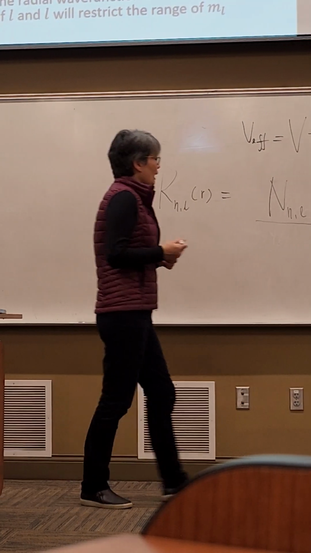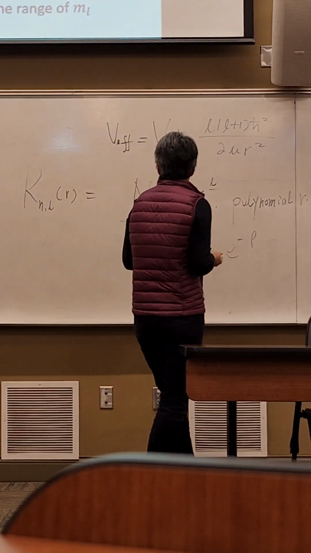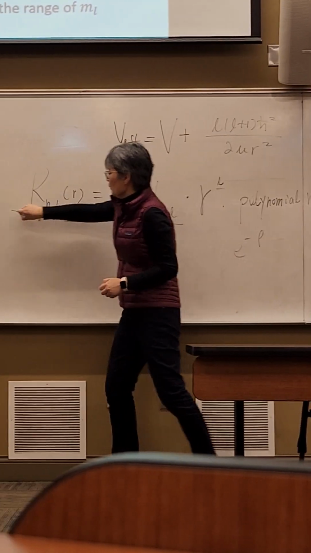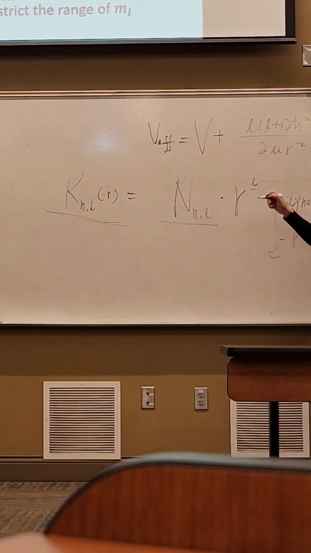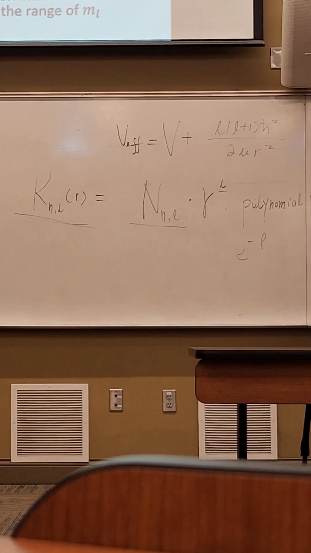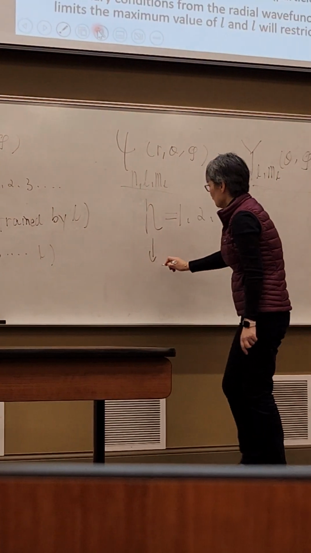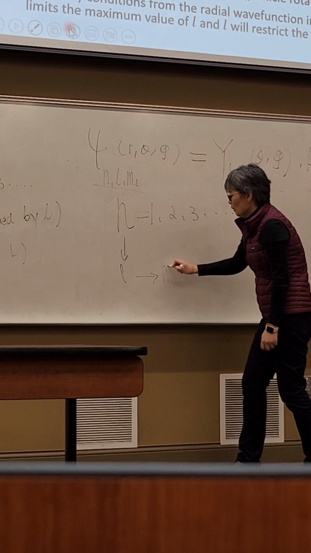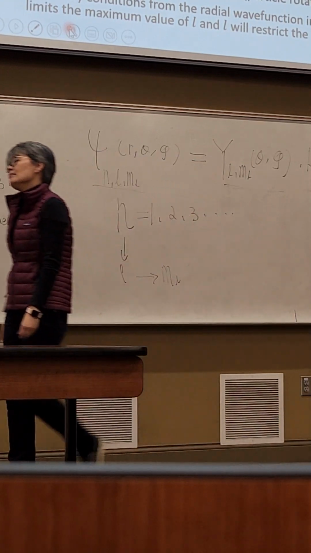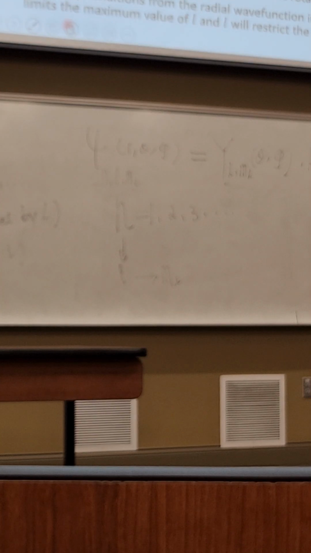All right, now as you can tell, when we're solving for this radial component, there are terms related to L. So N will constrain the L quantum number, and the L quantum number will constrain the m sub L quantum number. So here we go.